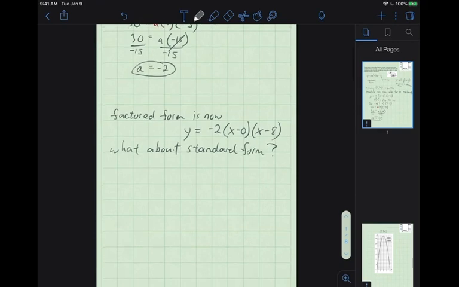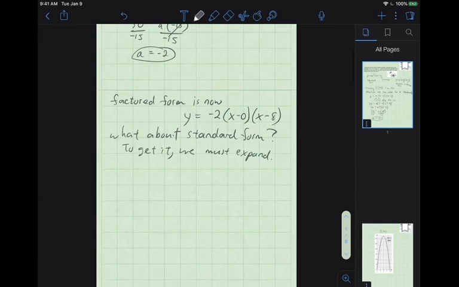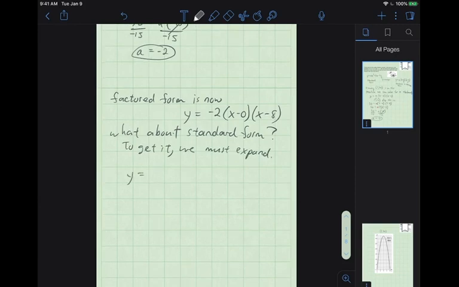So we have to expand this, multiply it out. To get it, we must expand. So first step, why don't we simplify it? X minus 0 is just x times x minus 8. Y equals negative 2x, that's all being multiplied by x minus 8.